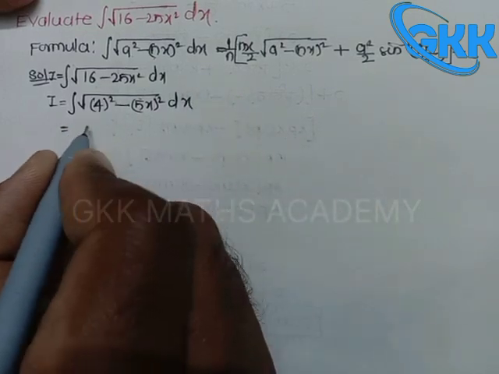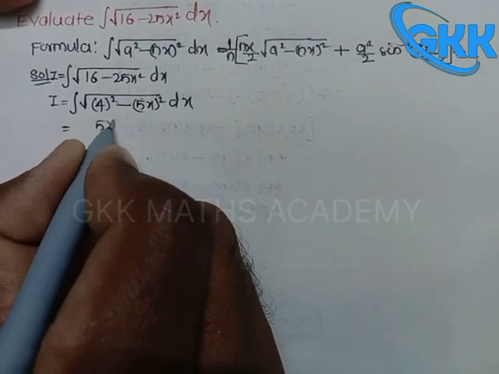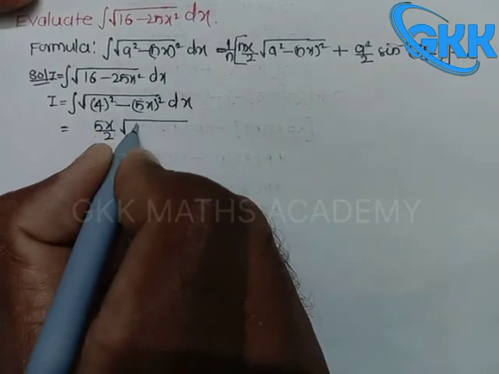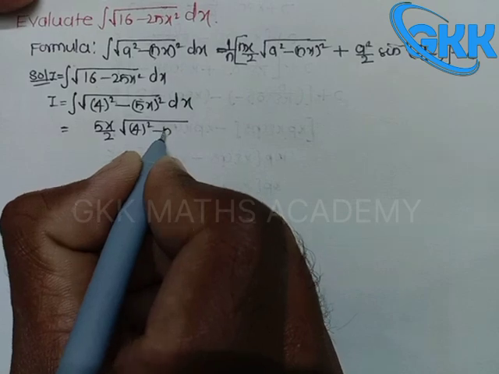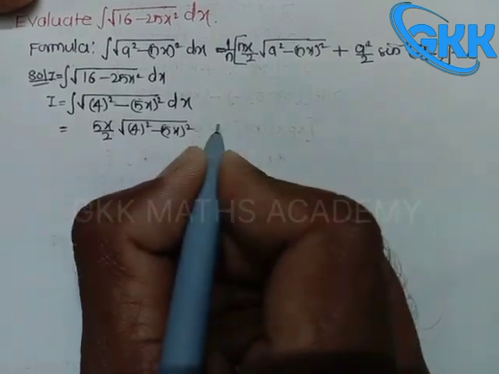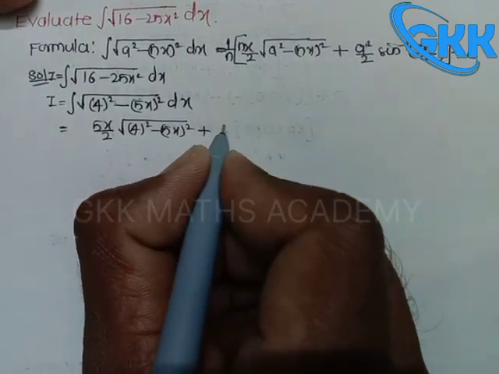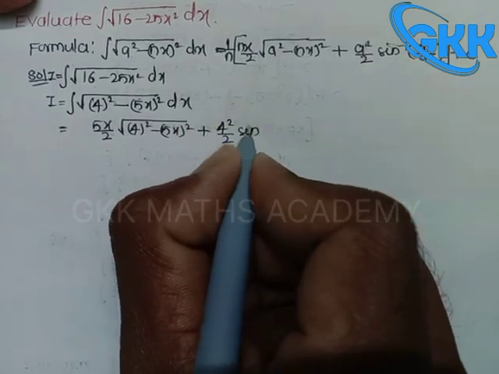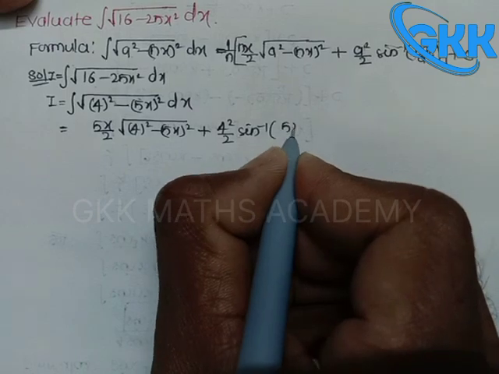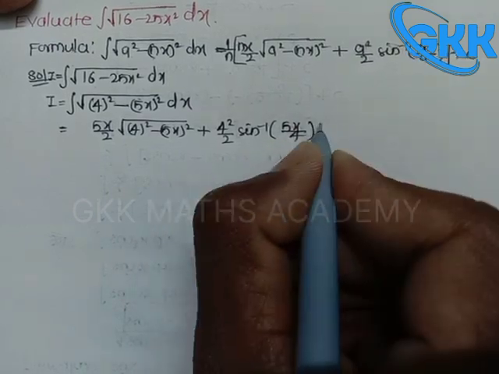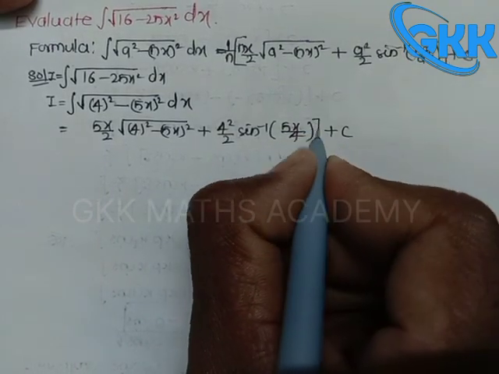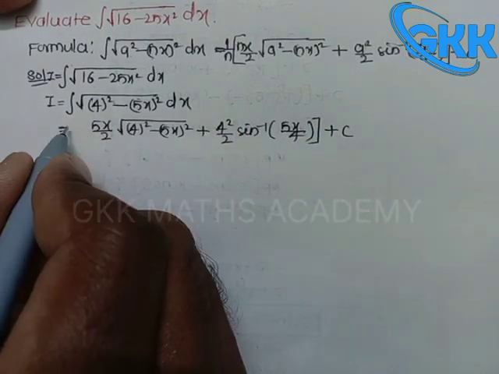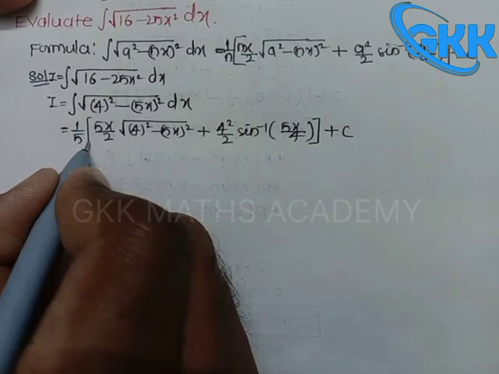What is the formula? First of all, x by 2 means 5x upon 2 times the square root of 4 square minus 5x whole square, plus a square, 4 square upon 2, sine inverse of 5x upon 4, plus c. But as I said, internally the derivative of 5x is 5, so we divide by 5.